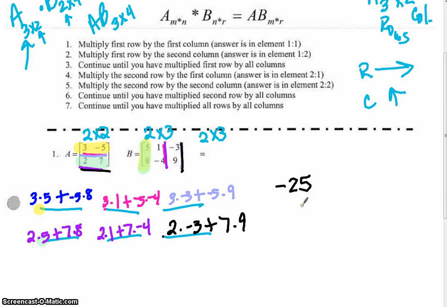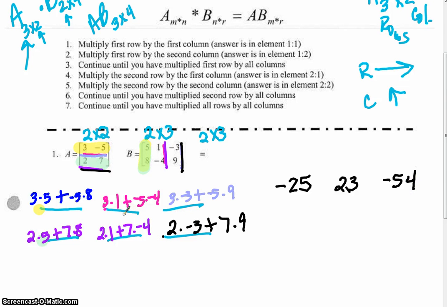So then you take your calculator and you say 3 times 1 plus negative 5 times negative 4. And you get 23. So you put a 23 in the next spot. Then you say 3 times negative 3 plus negative 5 times 9. You get a negative 54.